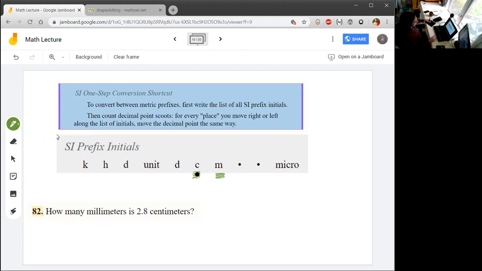I'm starting with centimeters. I'm going to millimeters. So there we go. I went 1 scoot to the right. So I'll do the same with my number and get 28 millimeters. I was reading my own problem backwards. Bad for me. Okay. Let me do one that I don't mess up because I just said it backwards and messed everyone up.